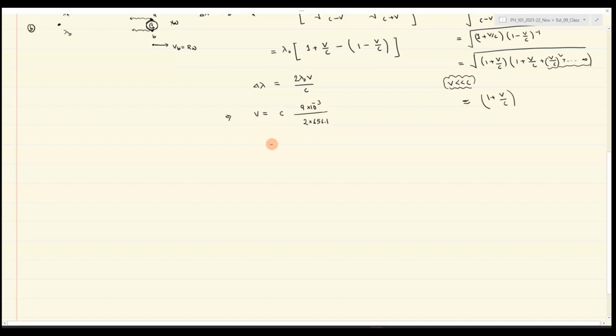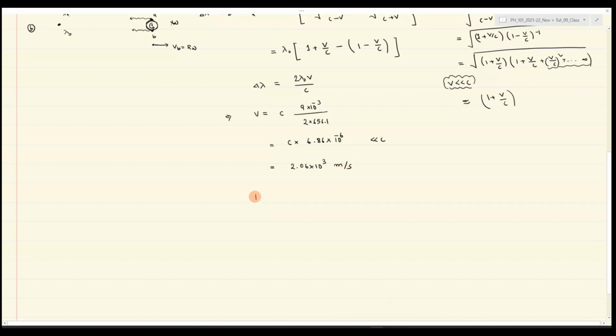So this will be equal to C into 6.86 into 10 to the power minus 6. Now you see our V is really very less than C. That means our assumption was correct. So our V will be equal to 2.06 into 10 to the power 3 meter per second.